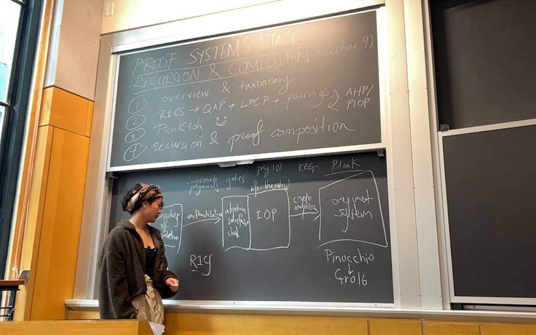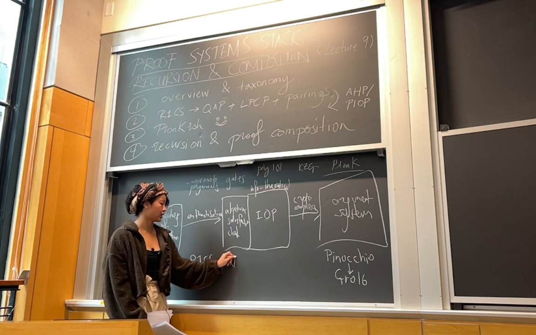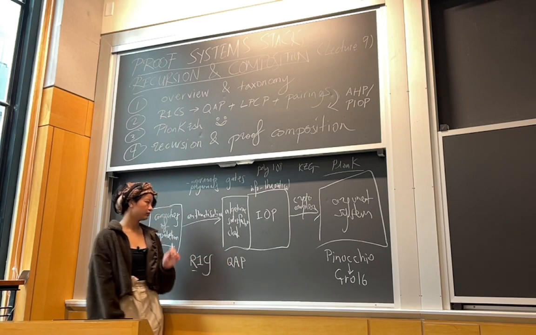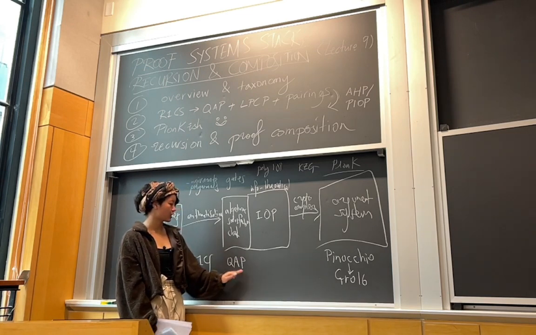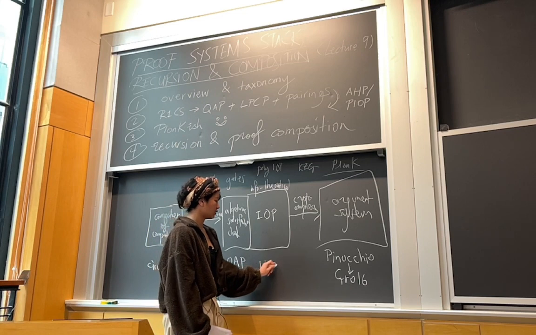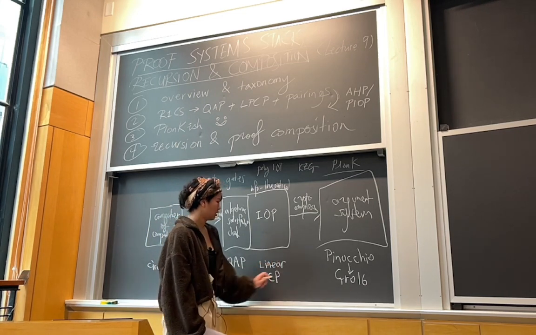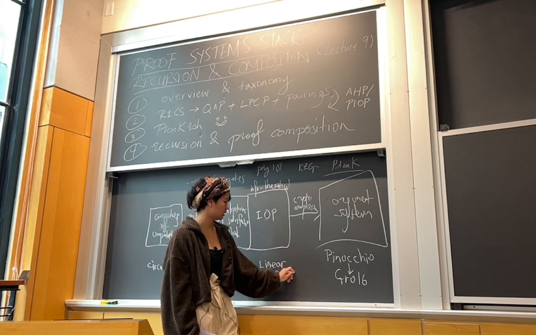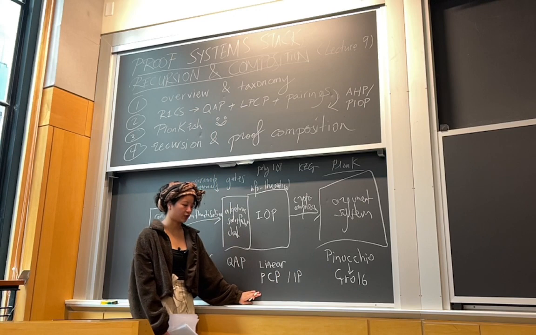It converts the rank 1 constraint system to a quadratic arithmetic program. And how it checks this quadratic arithmetic program is using something called a linear PCP, or a linear IP.